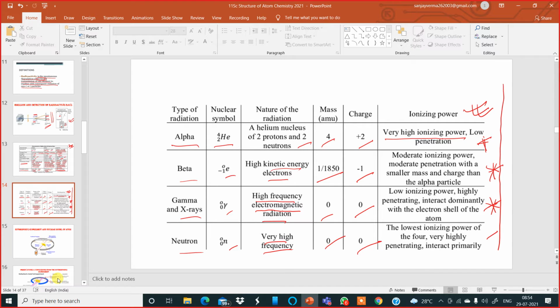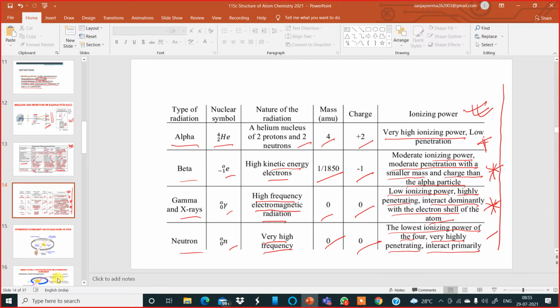Beta particles have moderate ionizing power and moderate penetration, with a smaller mass and charge than the alpha particle. Gamma and X-rays have low ionizing power, are highly penetrating, and interact dominantly with the electron shell of the atom. Neutrons have the lowest ionizing power of the four, are very highly penetrating, and interact primarily with the nucleus.